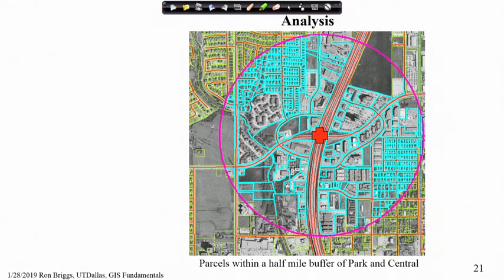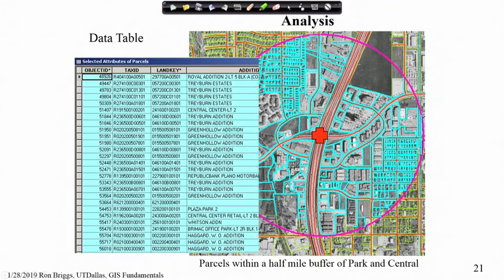These three layers were stacked together, and then we tried to find the parcels of land which were located within a half mile buffer of park and central. Remember that we got these circular areas, which show the queried or final output.